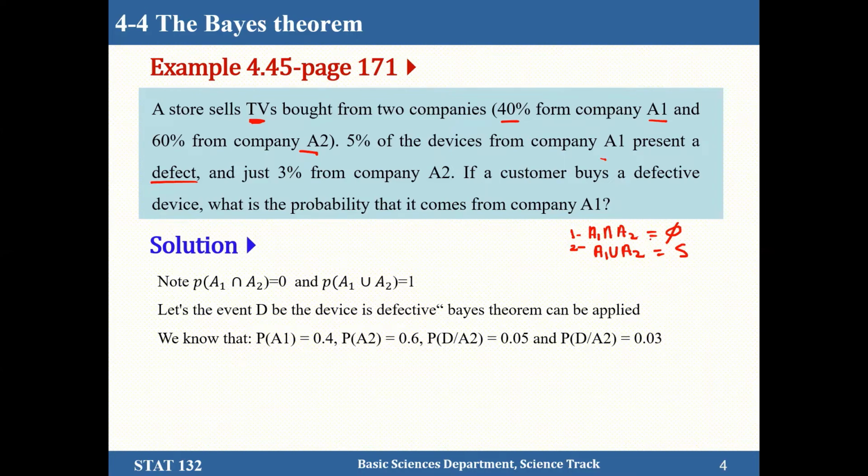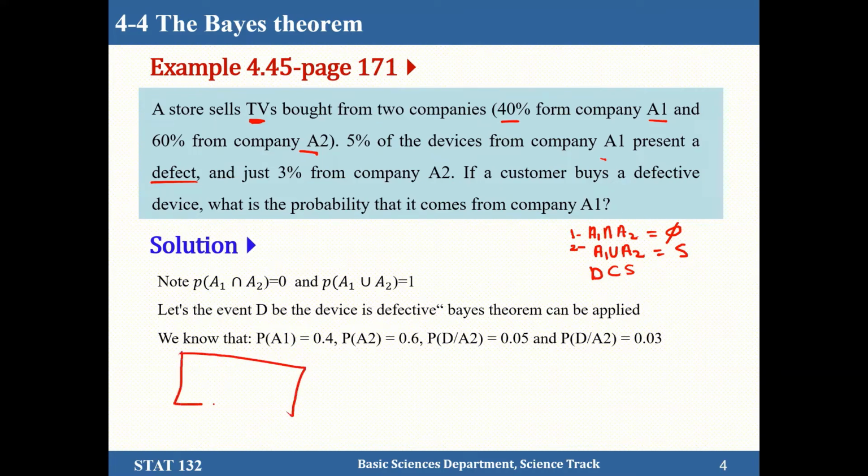So we have D, say D is defective, D belongs to S. In this store, some devices are defective. So let me draw it like this.